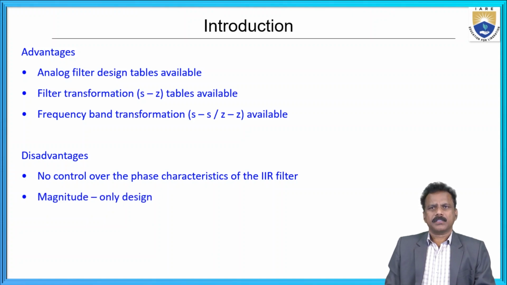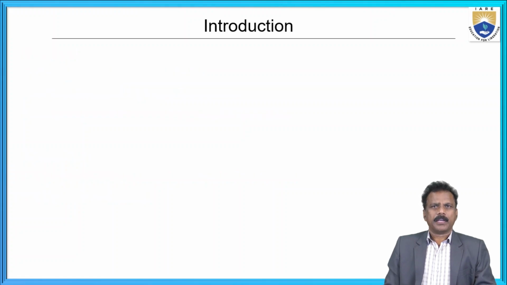Especially while using this recursive IIR infinite impulse response digital filter, we design only the magnitude. But in some applications we require both magnitude and phase. While using the IIR filter, we are ready to design only the magnitude. There is no phase. This is one more disadvantage of designing this type of digital filter, the infinite impulse response digital filter.